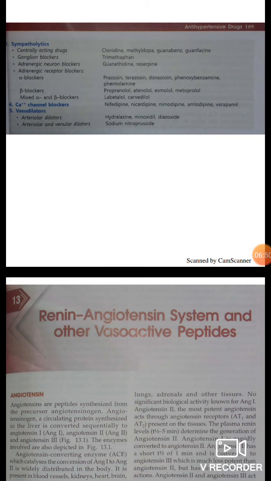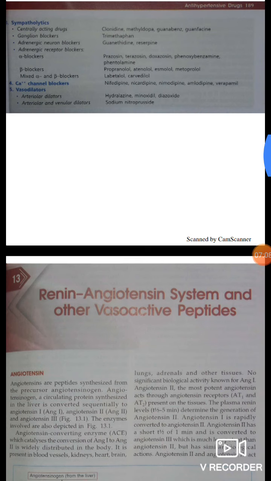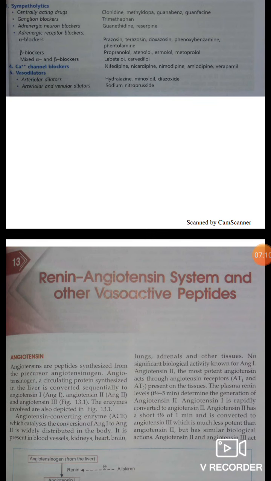Then the next class is calcium channel blockers. Drugs which block calcium channels, right? It includes nifedipine, nicardipine, nimodipine, all dipines, right? The names suffixed by dipine are included in calcium channel blockers. Then vasodilators, which dilate either arteries or veins, right?